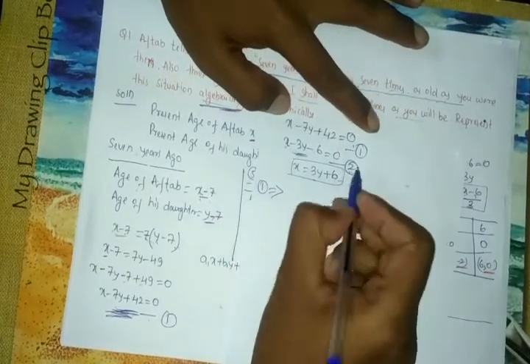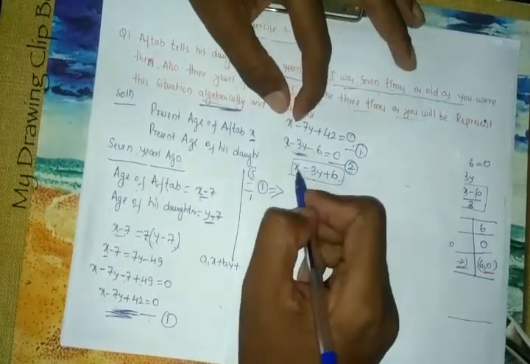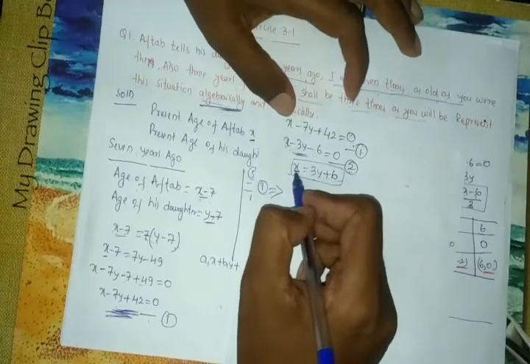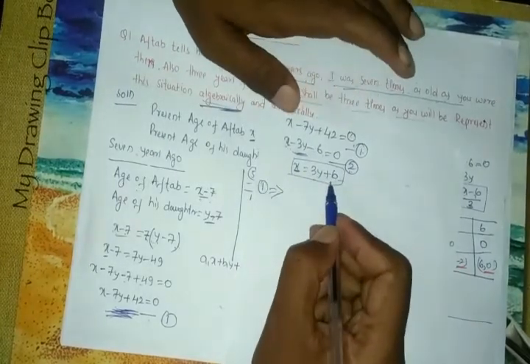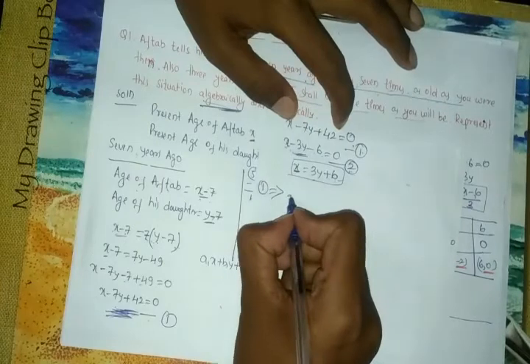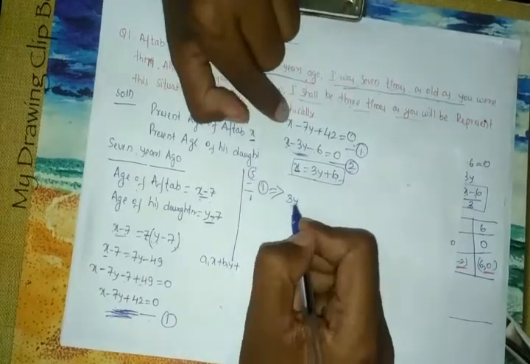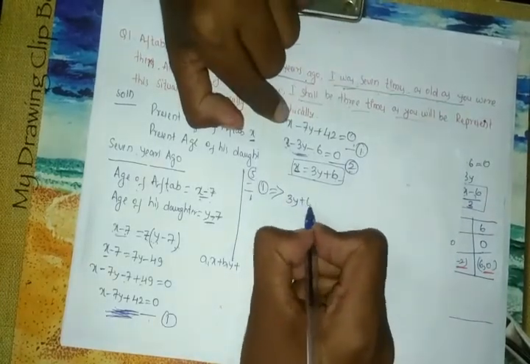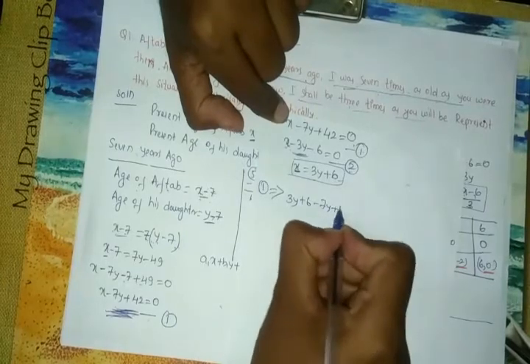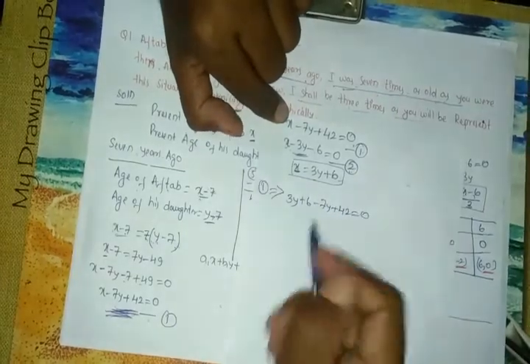When I substitute the value of x as 3y plus 6 in equation 1, I will get the value of y. 3y plus 6 minus 7y plus 42 equals to 0.